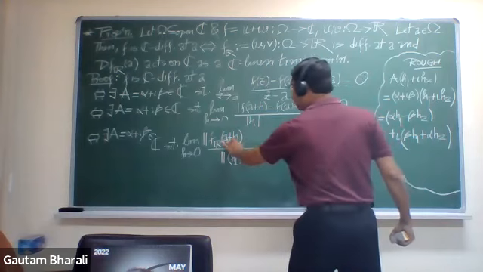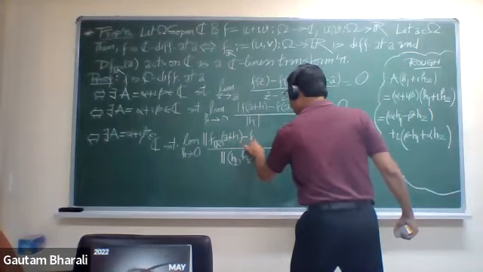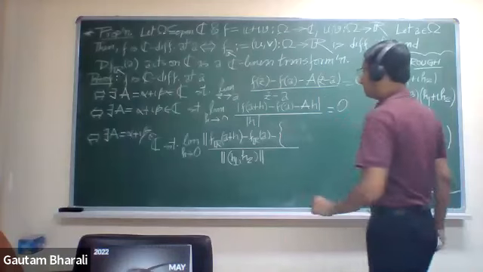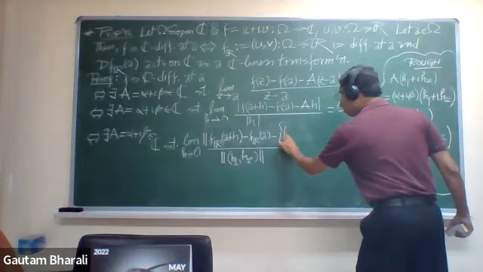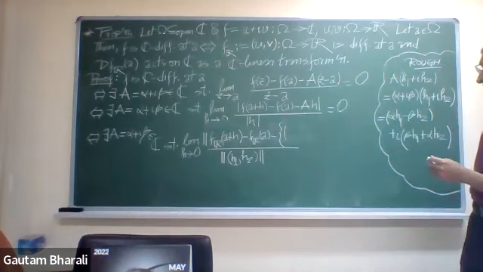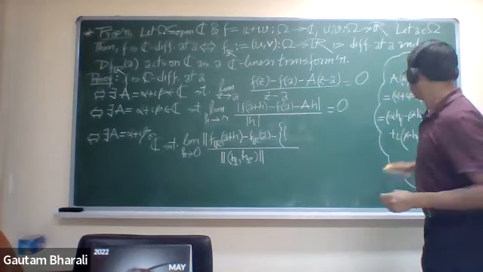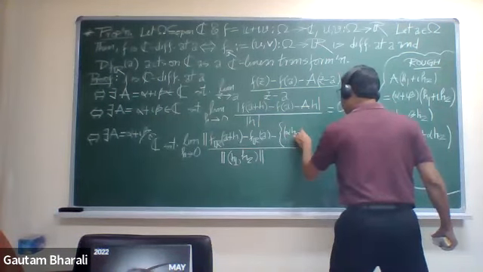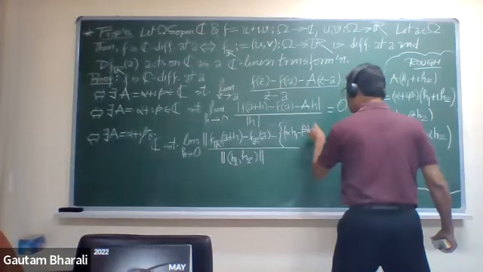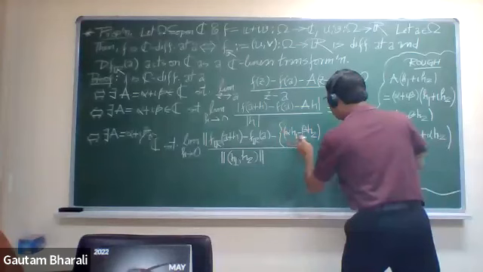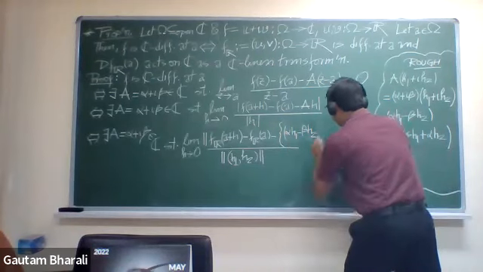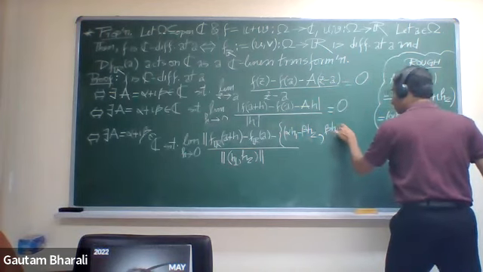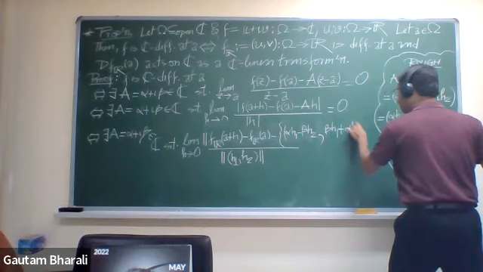So f sub R at A plus h minus f sub R at A minus, now here comes the thing, minus, this is going to be a 2-vector. The first entry being the real part. So this is alpha h1 minus beta h2, comma, beta h1 plus alpha h2.